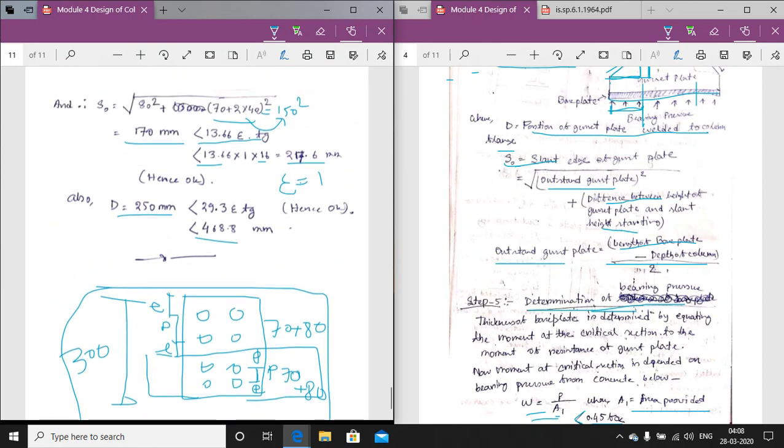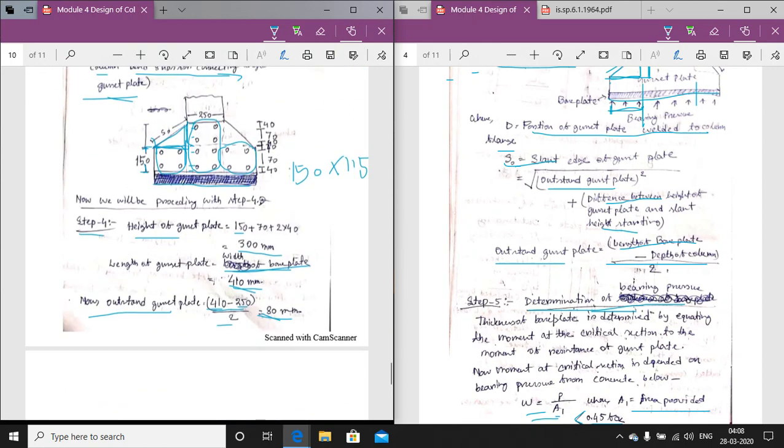So this is the design procedure, how to design a gusset plate. It is very important, and I have shown you how to design a gusset base following all the criteria. We have covered all the steps here, and we did step number 4 in the latter part of the math, because we first need to determine the number of bolts required to make the connection.